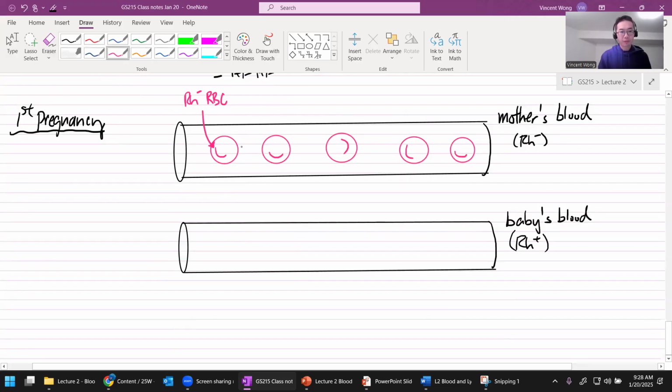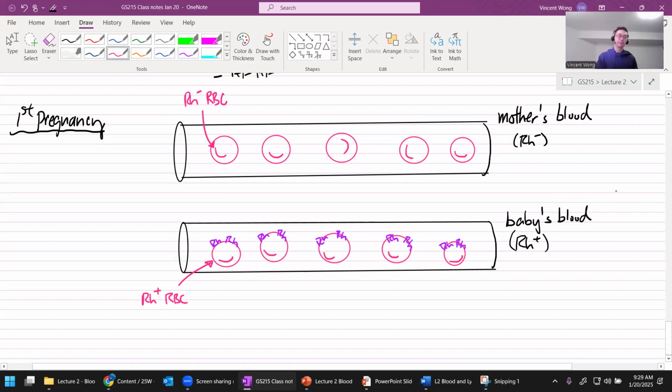So the baby's blood, the fetus's blood, if you would, and we're going to have these red cells. And on the surface of the red cells, we will have Rh. The baby will have Rh. So these are Rh positive RBC in the baby.